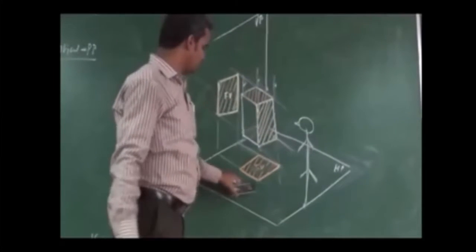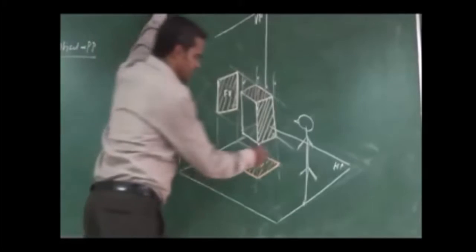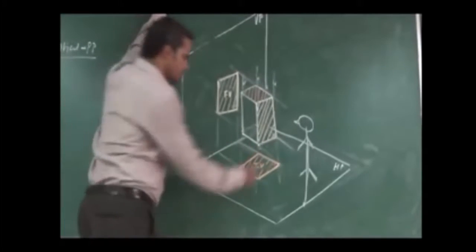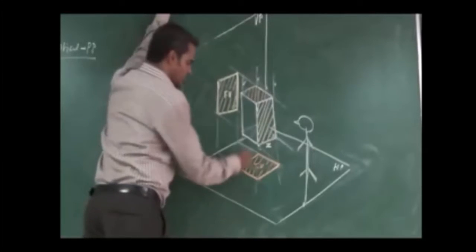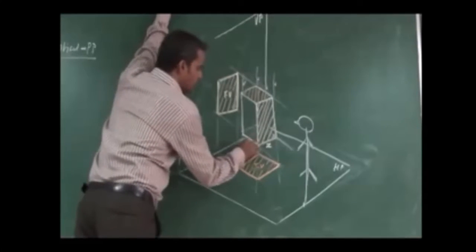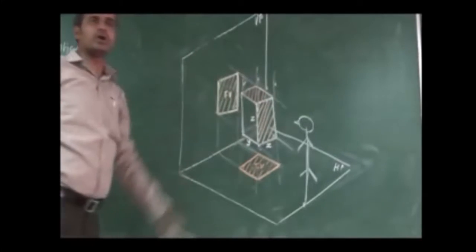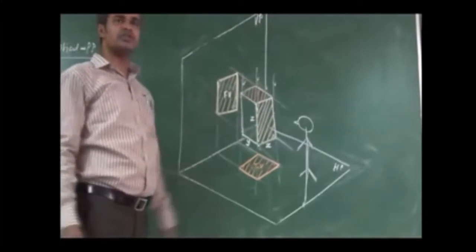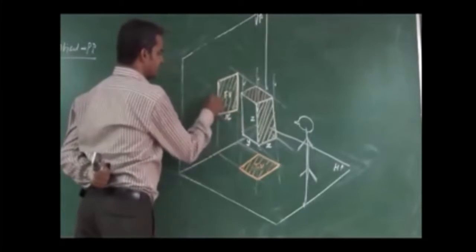So one thing, this object, if it has some dimension, see here, this object has a cross section of x and y and a height of z. What will be the dimension of the front view? The front view will hold a dimension of x and z.